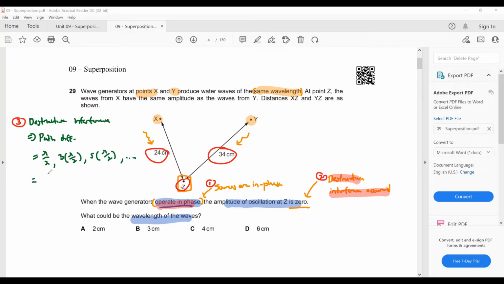If I try to word it properly, this will be 0.5 lambda, 1.5 lambda, 2.5 lambda, and so on. You can also say it's n plus half lambda if you wanted to.